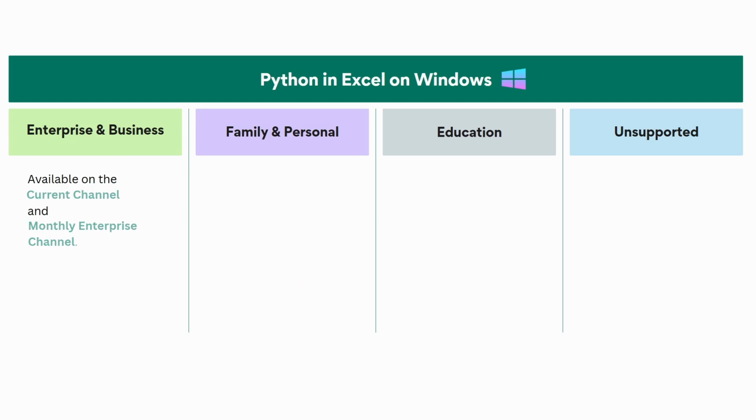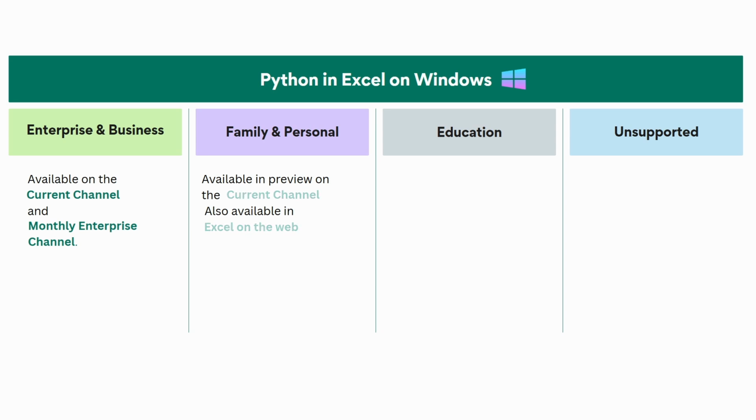So Python is available in the current channel and monthly enterprise channel in the case of enterprise and business versions. In the case of family and personal, it's available in the current channel and Excel on the web. If you have a one-time purchase, meaning you purchased MS Office one time and you are using Excel, you won't get Python.